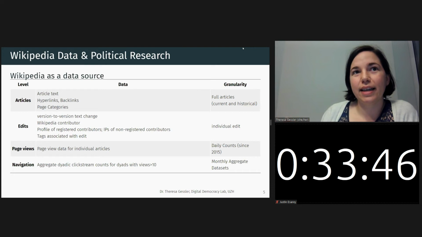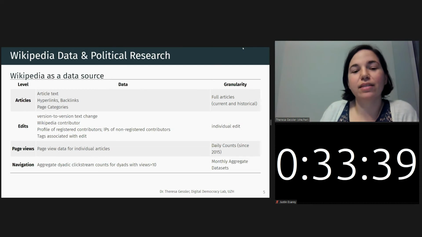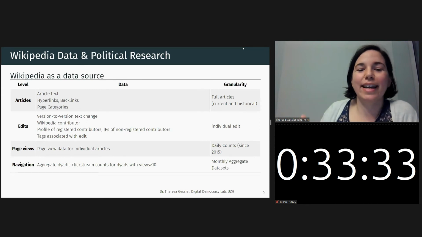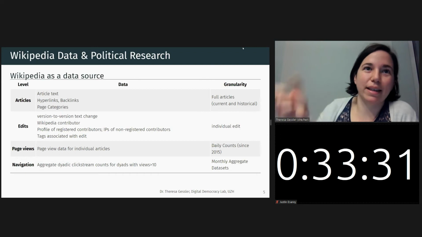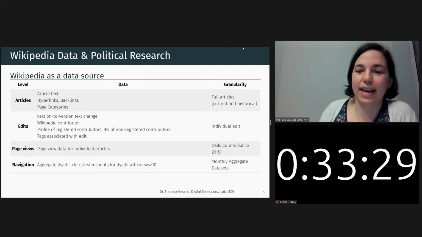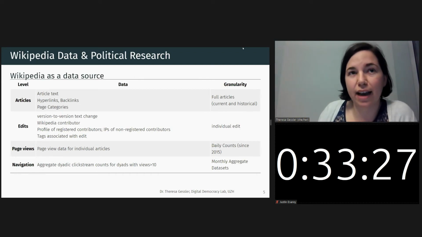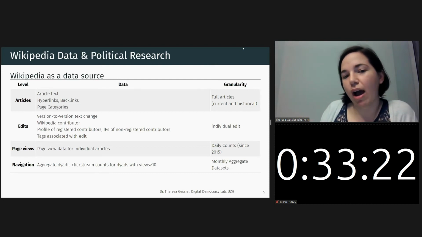So basically, when someone was on page X, did they click on page Y? And this data is only published in the aggregate, and only if more than 10 people in a given month take part in this dyad. So this is published as a monthly aggregate data set, which gives us a peek into how people navigate Wikipedia.